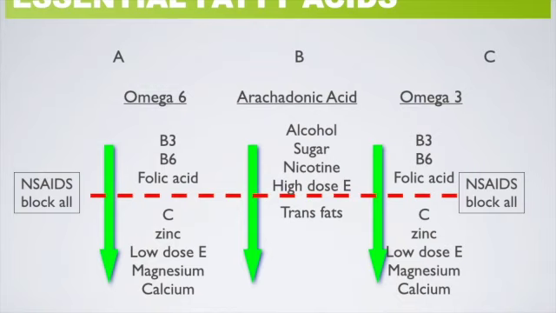So NSAIDs are a very short-term fix at best, and need to be used with caution. There's about, on average, 15,000 deaths a year attributed to GI bleeding directly associated with excess NSAID use in this country. And that's been going on for years. 15,000 people. And those are just the deaths that are directly attributed to NSAIDs.